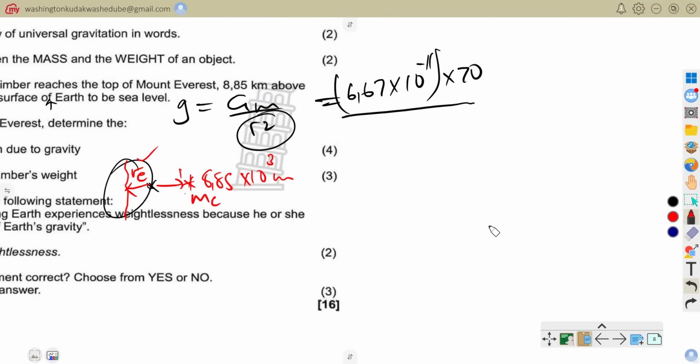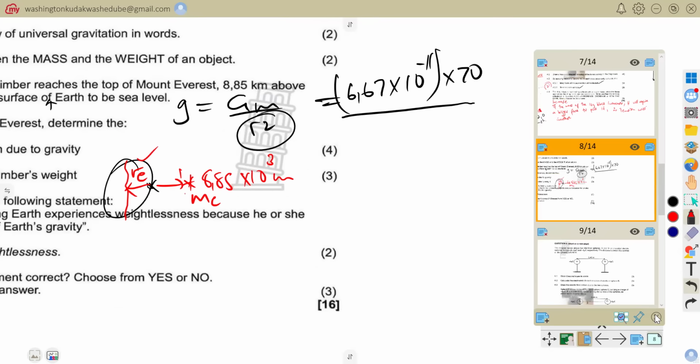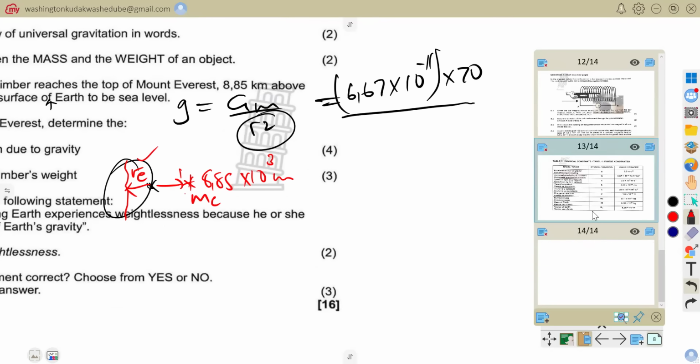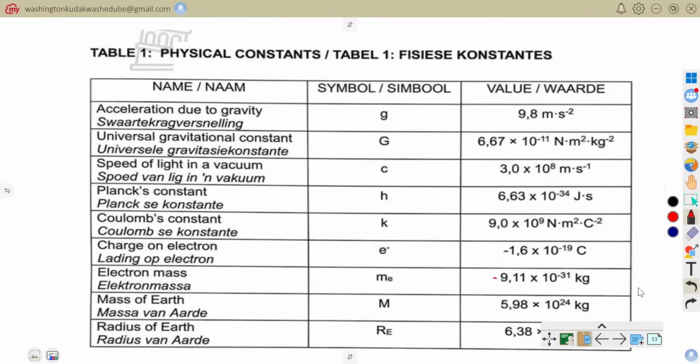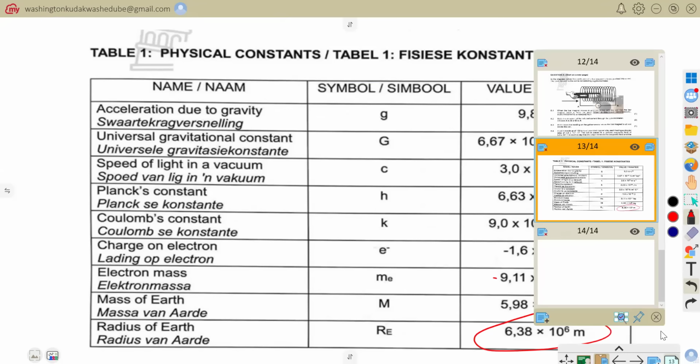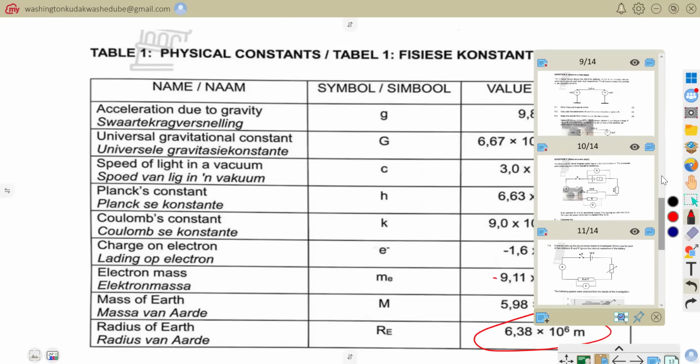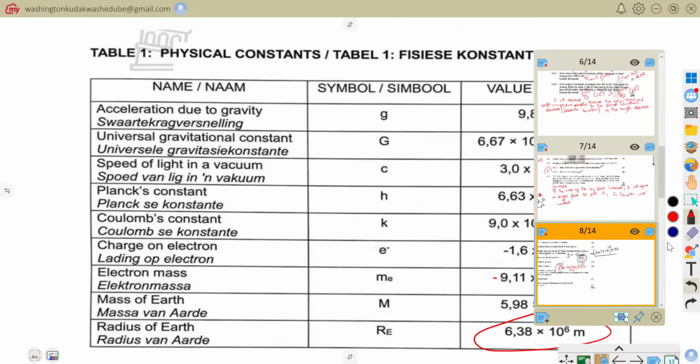We can get it from our information table, and the radius of the earth there is 6.38 times 10 to the power 6. So this is the value that we want. After taking that value, we are going to add it to the distance from the surface of the earth.